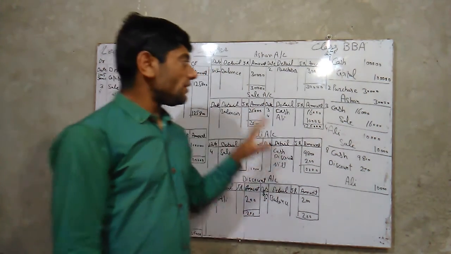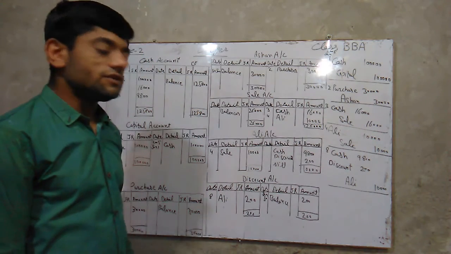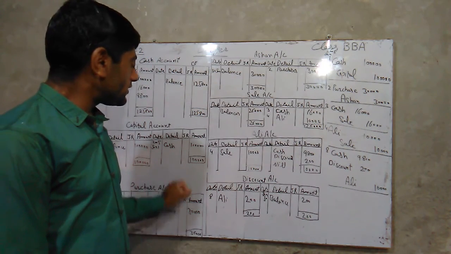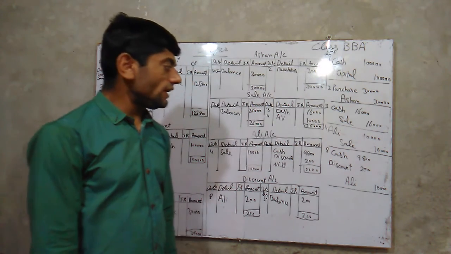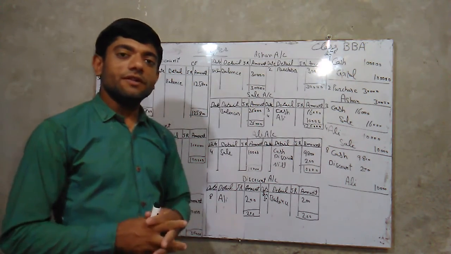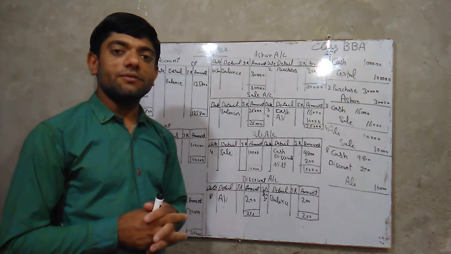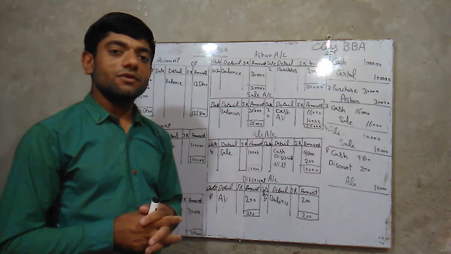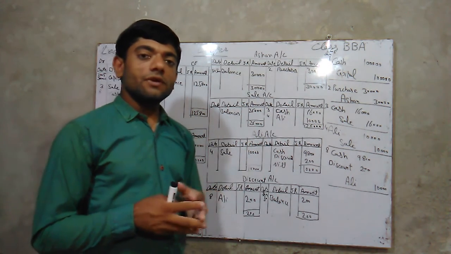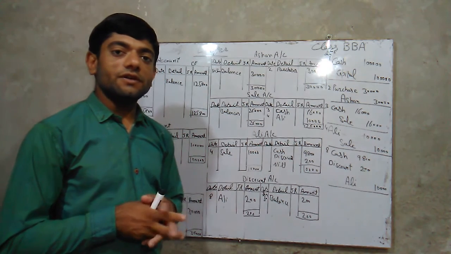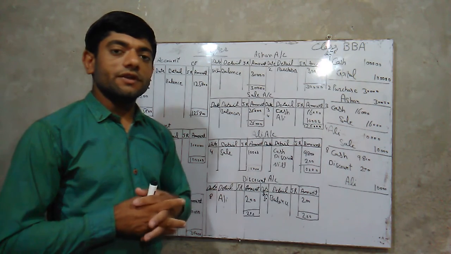So after this we can find out the balances of each account. After this, the further step is to prepare the trial balance. In the next lecture we will discuss what a trial balance is and how to make a trial balance from the ledger account. Practice these, and you can make some journal entries of your own and make the ledger accounts of those transactions.